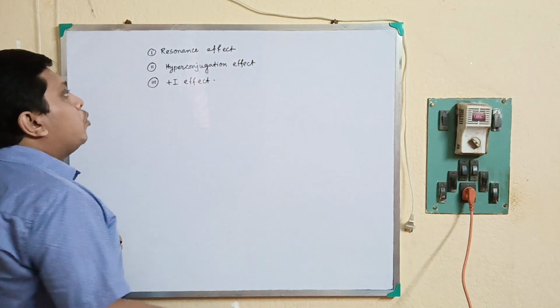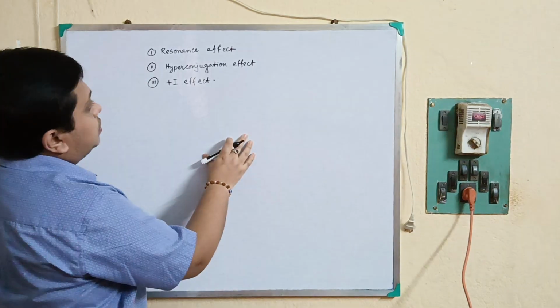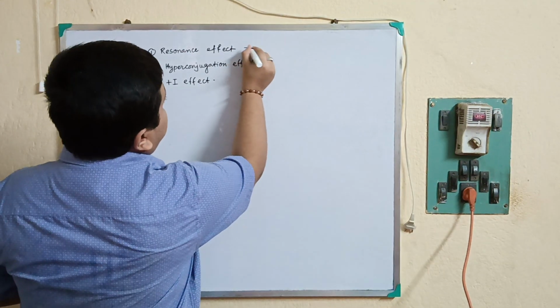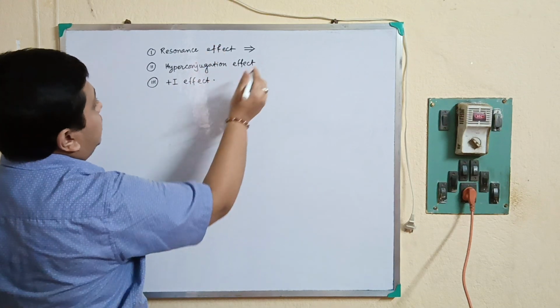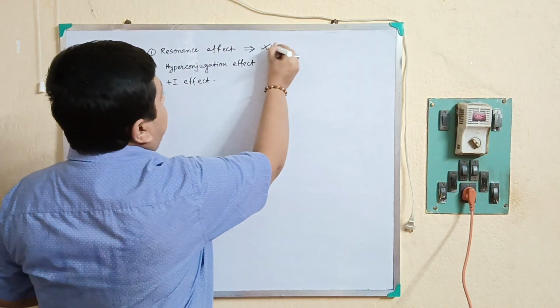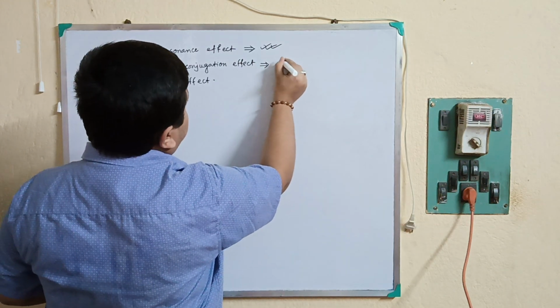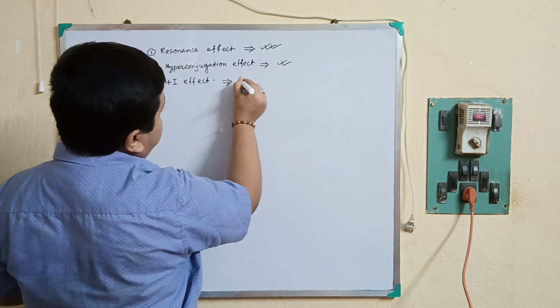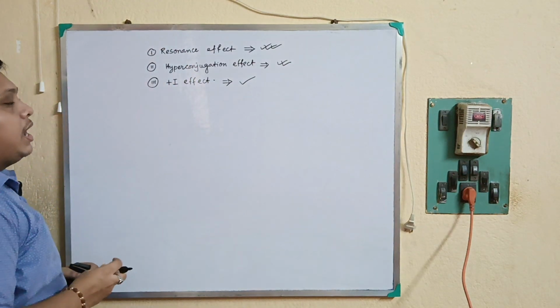The most effective among these is resonance effect. This is the most effective part here, and the second most effective is hyperconjugation. The third is plus I effect.